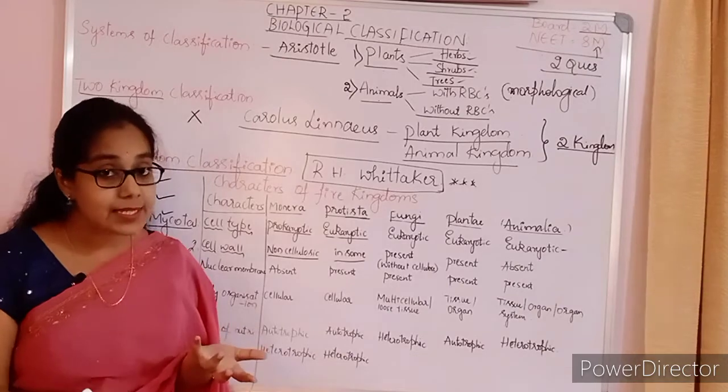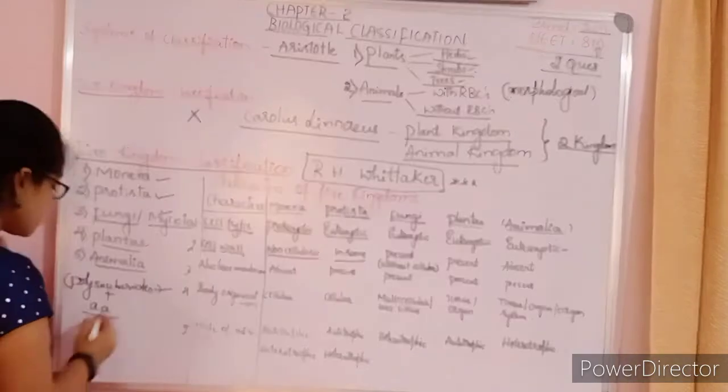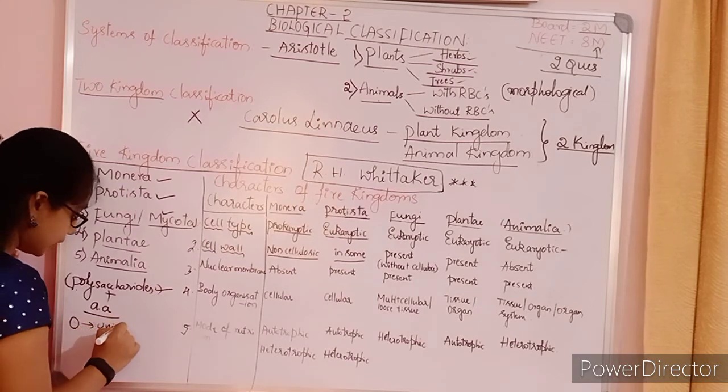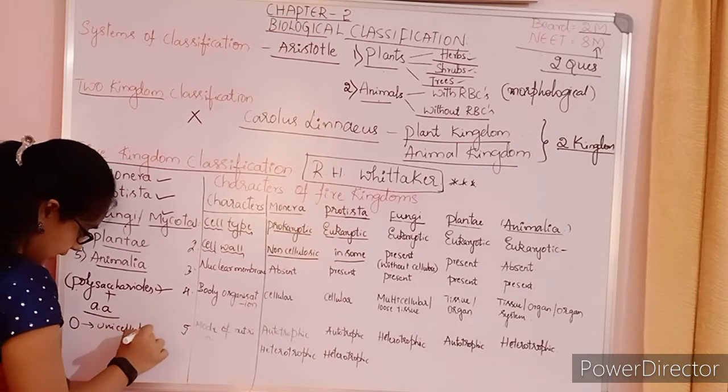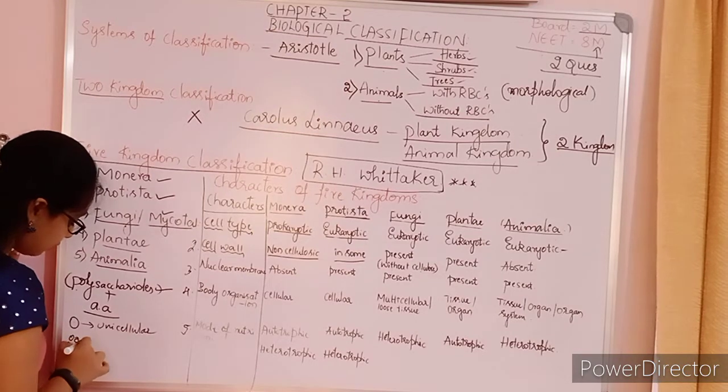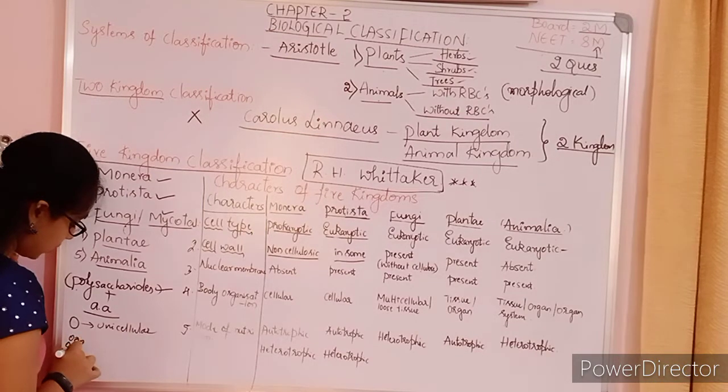If there is only one cell, it is called unicellular. If there are more cells, we call it multicellular.